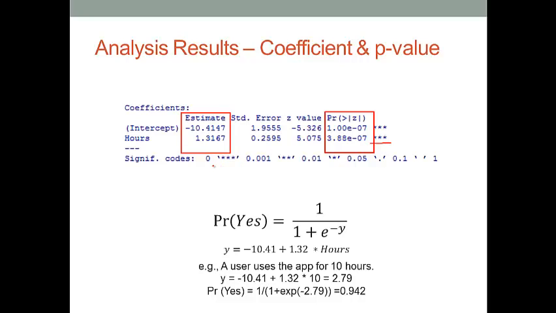If you look at the statement at the end of this report, 3 stars means this value, 3.88 times e with the power of -7, is between 0 and 0.001. This number is very close to value 0. It is much smaller than the level of significance standards, such as 0.05 or 0.01.